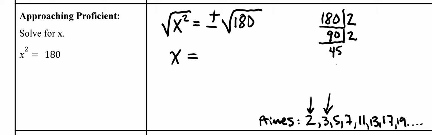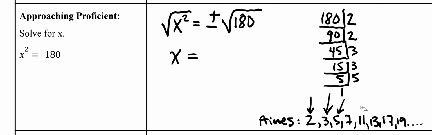There's a quick test, short of just putting it in your calculator: add the digits. 4 plus 5 equals 9, and since 9 is divisible by 3, so will 45 be divisible by 3. So I divide that by 3, and it goes in there 15 times. Once again, 3 goes into 15 5 times, and then 5, like any prime number, goes into itself 1 time, and when you get to 1, you're done.